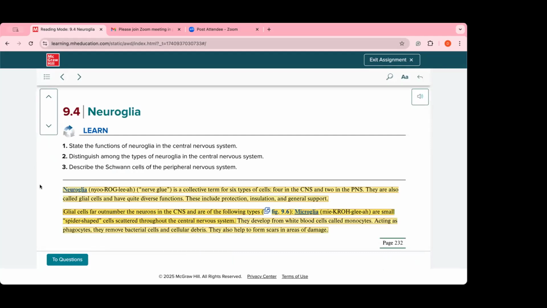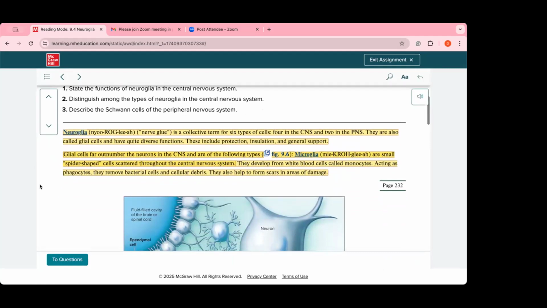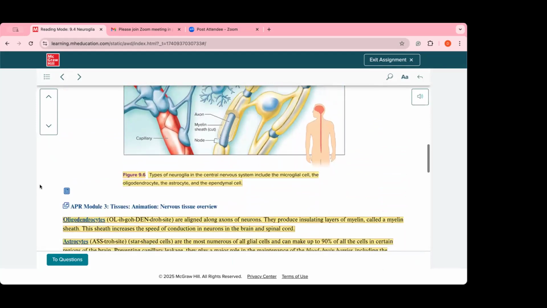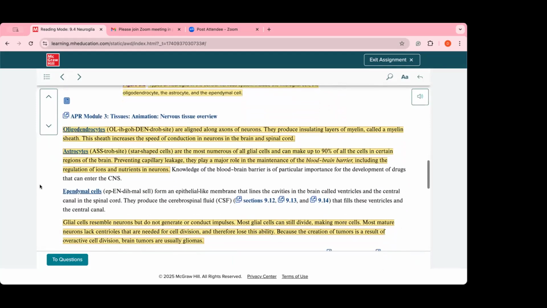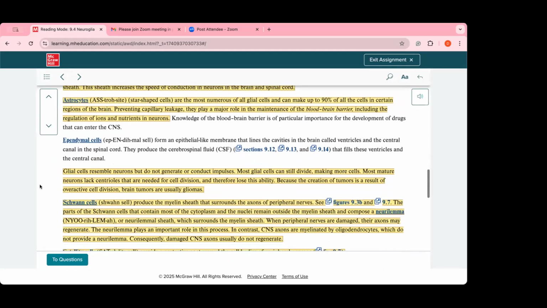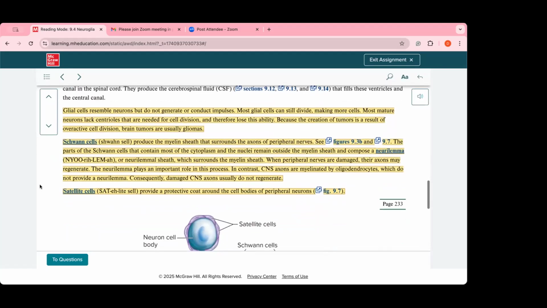Keep going because I need to find what they're talking about with satellite cells. Okay, satellite cells produce a protective coat around the cell bodies of peripheral neurons.